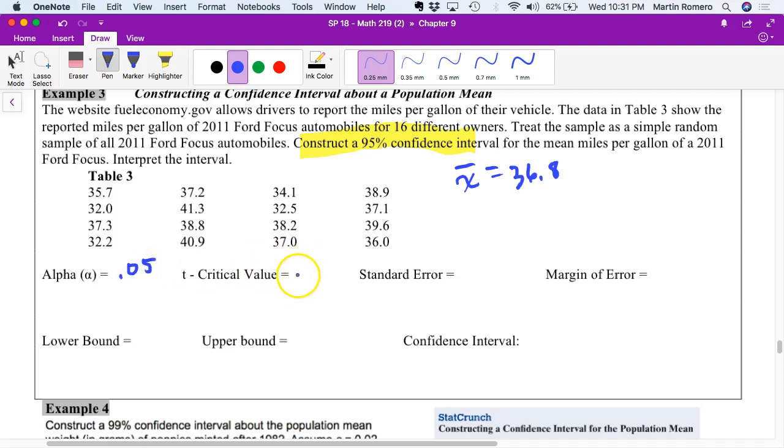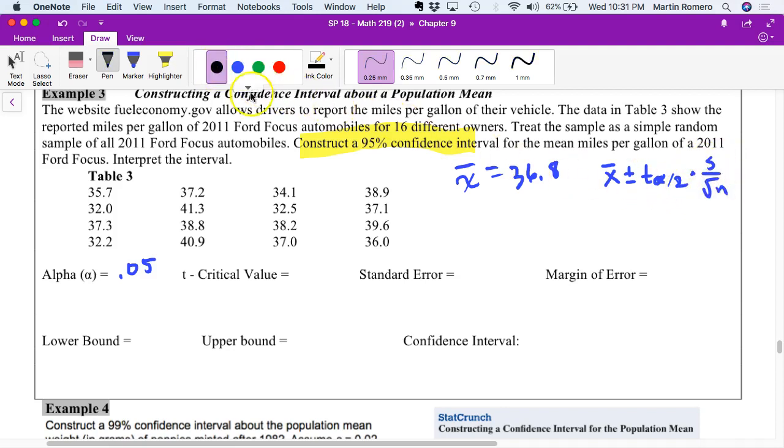That will lead us to calculate what's called the t critical value. Remember, our formula for the confidence interval is the point estimate plus or minus t alpha over 2 times s over the square root of n.